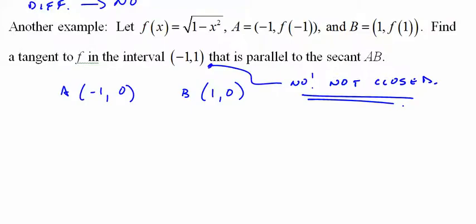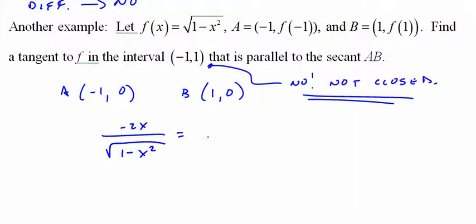We could argue it's continuous from -1 to 1, but the way the question is asked, it's definitely not good. So let's check it out. The derivative is 1 over the square root of 1 minus x squared, times -2x.